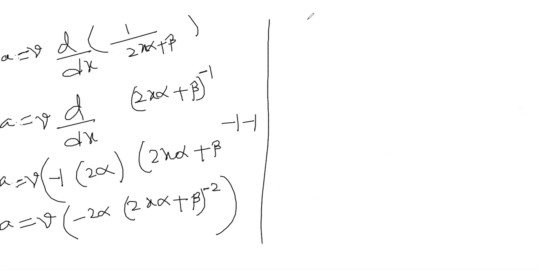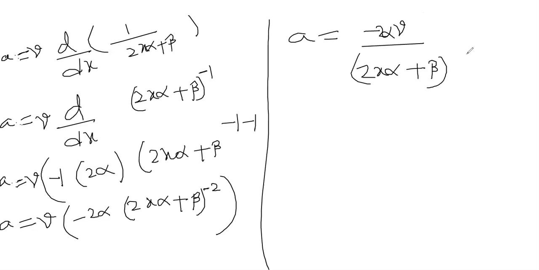Now what we got is A is equal to minus 2 alpha V divided by that thing. It will go downstairs, no? Power minus 2 will go downstairs: 2x alpha plus beta whole square.